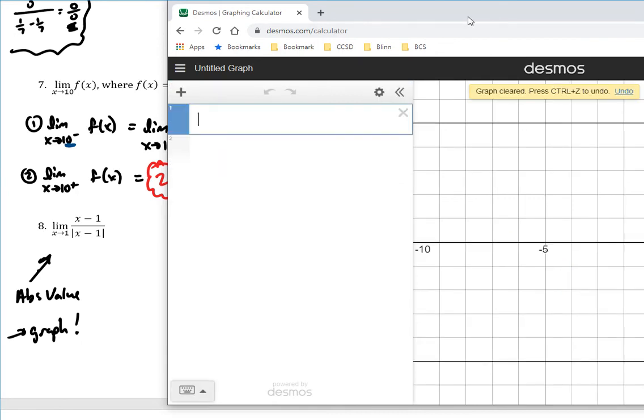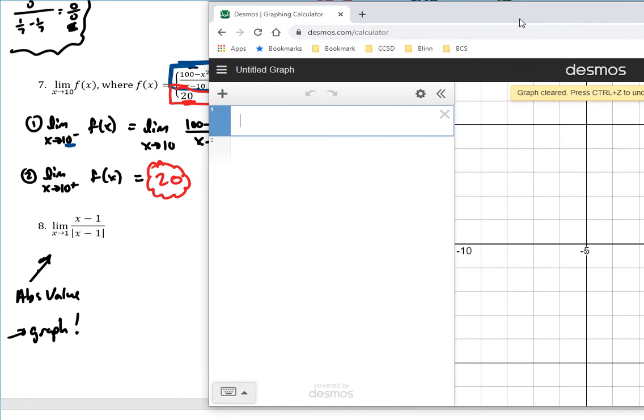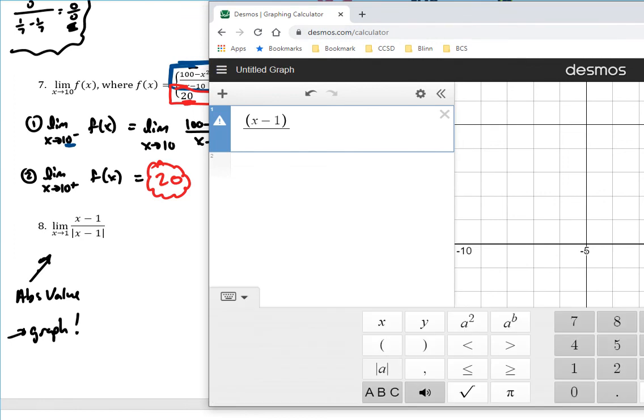I'm just going to delete all and start all over. Okay, so we've got parentheses x minus 1, parentheses divided by the absolute value. The absolute value is on here. You could do shift, or you could do this. Let me do this. Click on the keyboard, and you can see it right here. So I'll push it, and then x minus 1 like that.